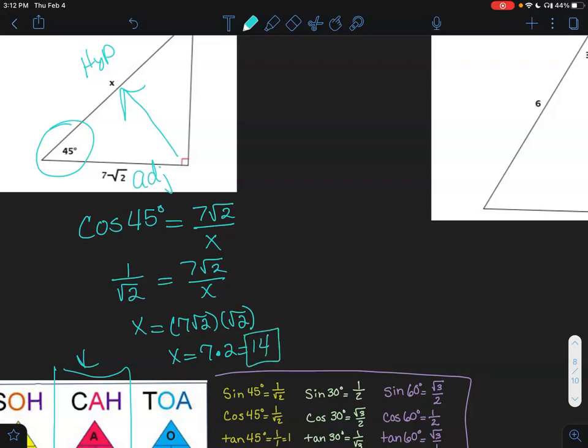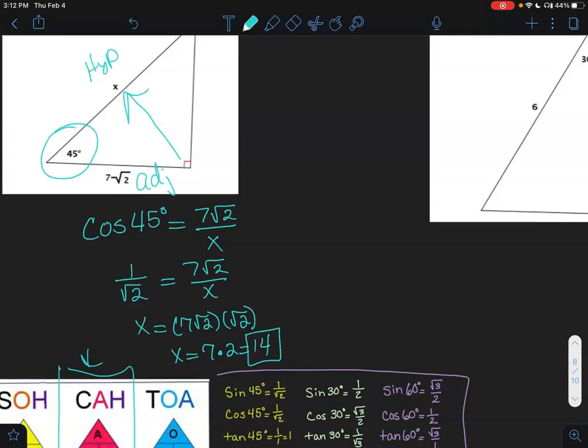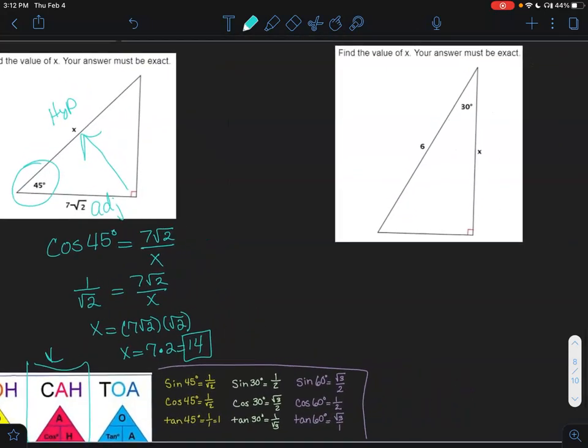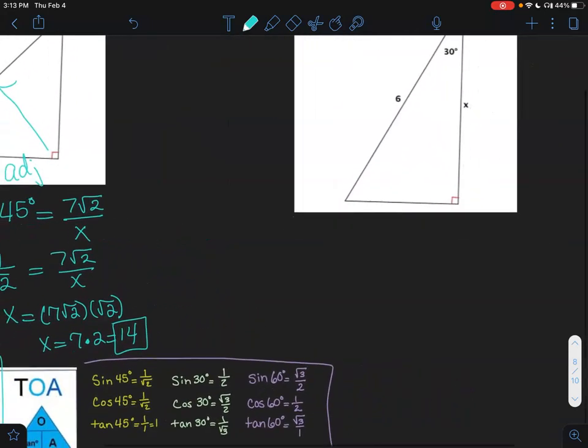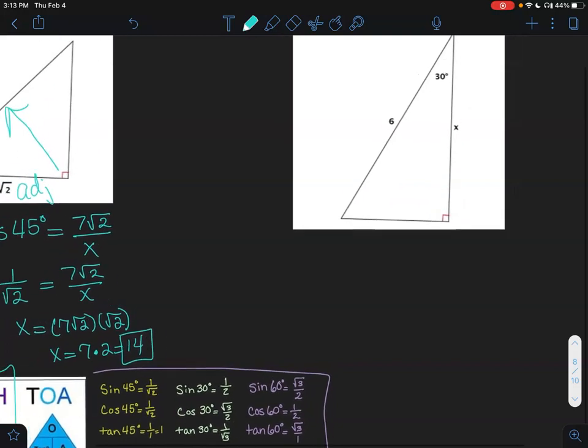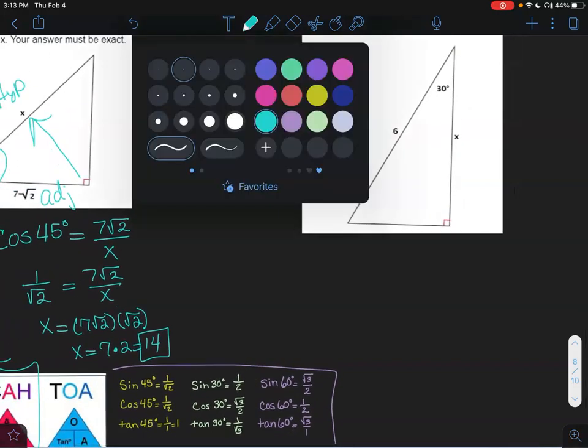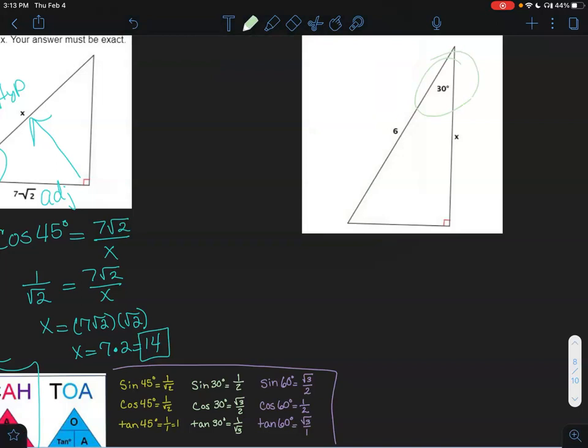All right, so doing the same process for our 30-60 here. This time they gave us a 30-degree angle. And there's our 30. And we got the adjacent and a hypotenuse. Look at that, cosine again. How about that? But this time for the 30-degree angle. So we're going to want to follow along with our 30.